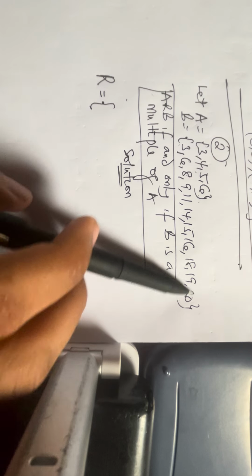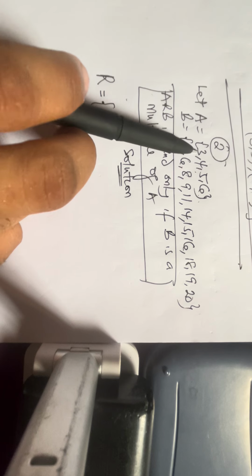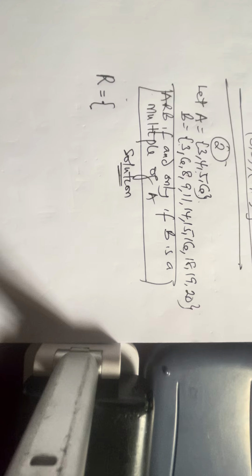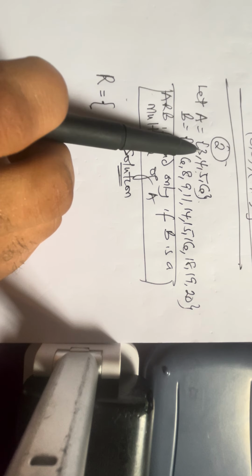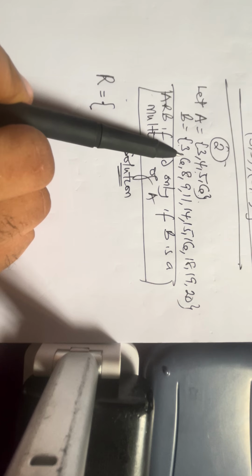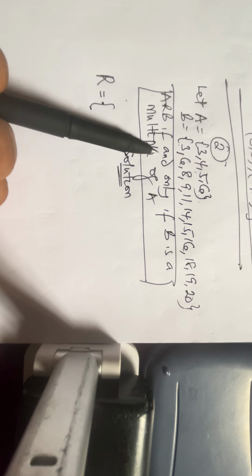Which values in set B can divide the values in set A and there will be no remainder? We want to now relate each element in set A by the elements in set B based on this rule.